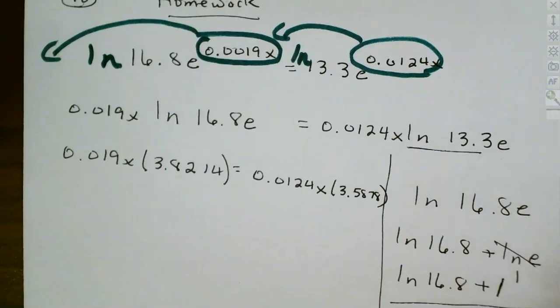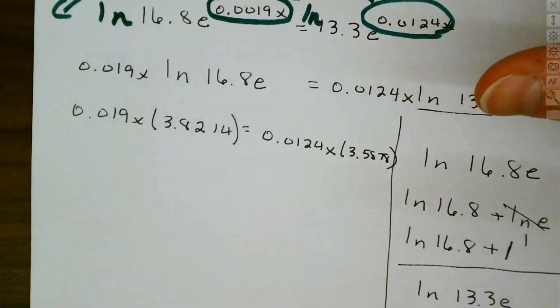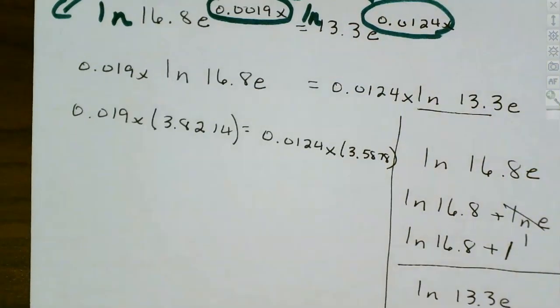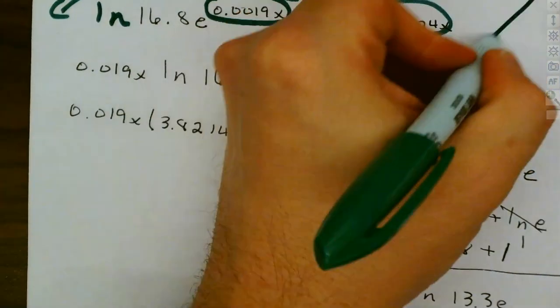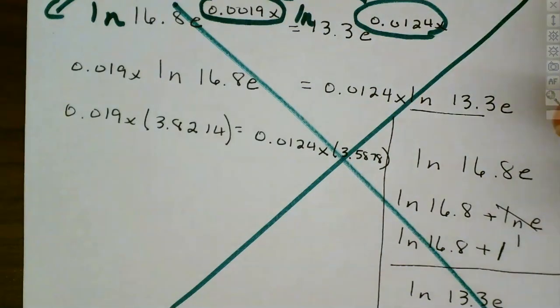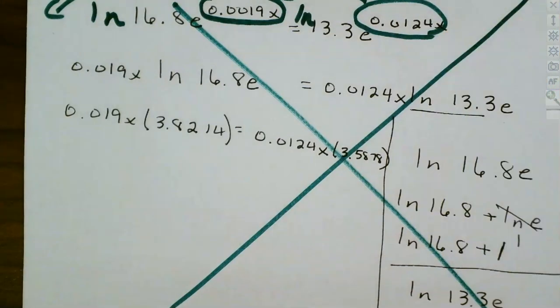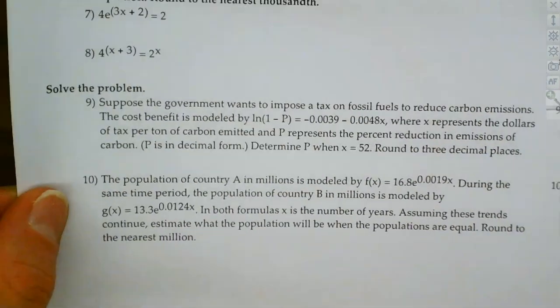I think everything is right so far, but that's going to give me 0. So where did I make the mistake? Let's start over. I know I made a mistake somewhere. Sorry about that. It won't take me long to start over. Let me rewrite it again and make sure that we're solving it correctly, because that would give me 0, and I don't want 0.